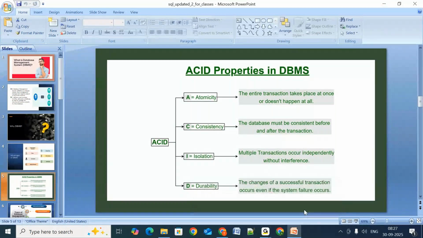Now, before understanding these ACID properties, I just want to tell you a small story. Everybody has bank accounts, right? For every bank account we have different ways of payment. Maybe we can use net banking, debit cards, PhonePe, Google Pay, Paytm, or some other apps if you want to pay someone.